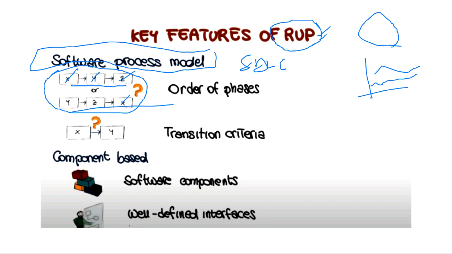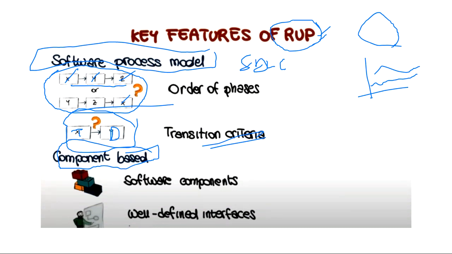It also tells you the transition criteria. For example, if you are in the testing phase, when can you go to the deployment phase? You can only go to the deployment phase when there is no error. So it tells you the transition criteria of moving from one phase to another. Another feature of RUP is that it is component based. All these phases are nothing but a part of your software. Requirement analysis is a part of your software where you are creating use cases.